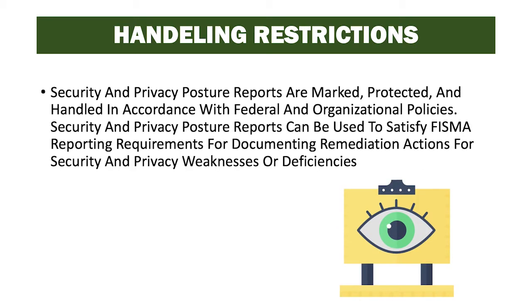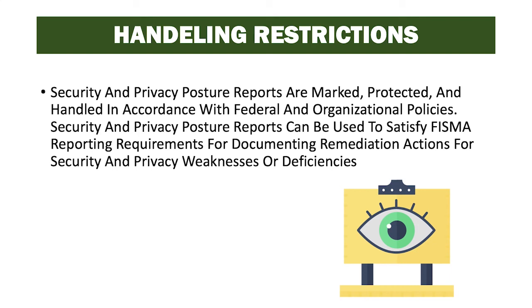Security and privacy posture reports are marked, protected, and handled in accordance with federal and organizational policies. Security and privacy posture reports can be used to satisfy FISMA reporting requirements for documenting remediation actions for security and privacy weaknesses and deficiencies. Again, two things here. We're going to put a lot of information in these reports. It's going to have a lot of detailed information about maybe strengths and also weaknesses with the system, maybe controls that aren't fully in place.